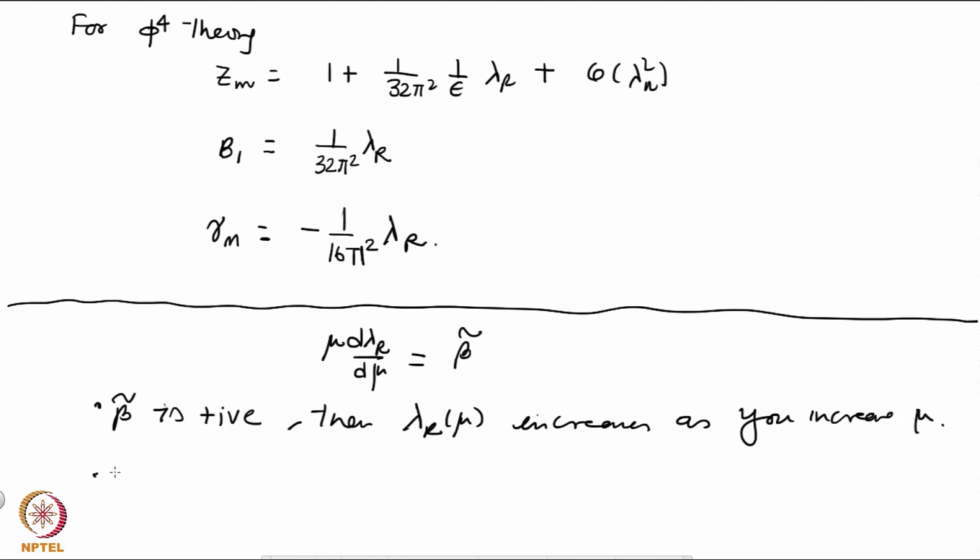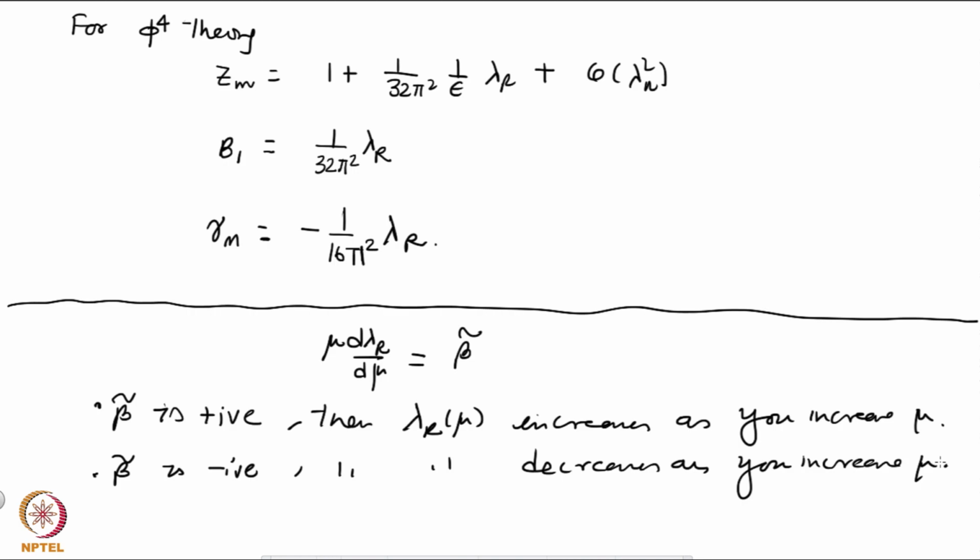And if beta tilde is negative, then this decreases as you increase mu. And that is a very useful piece of information, and you'll see why it's important.